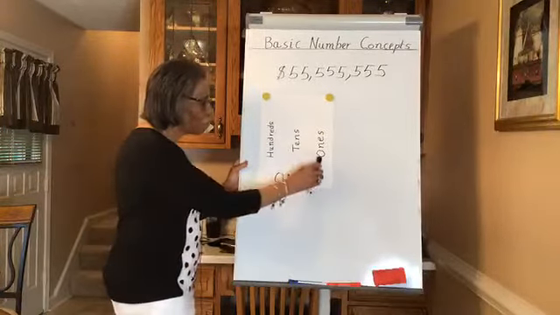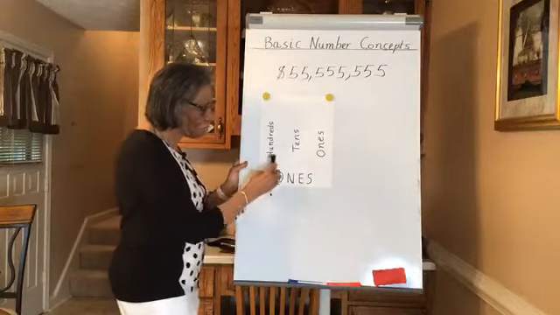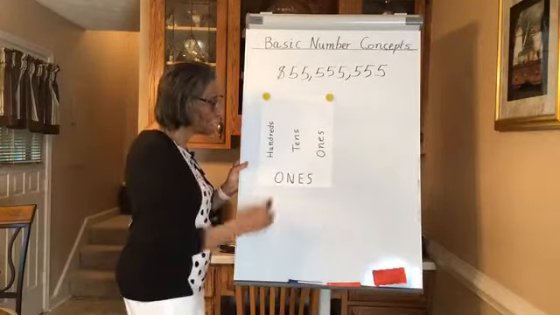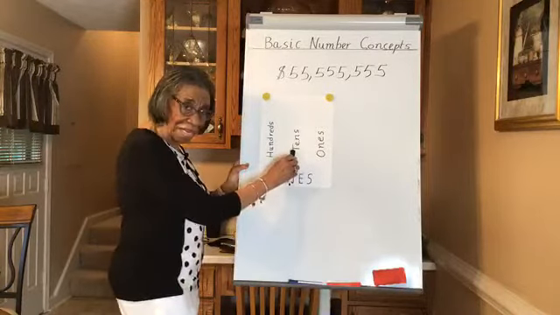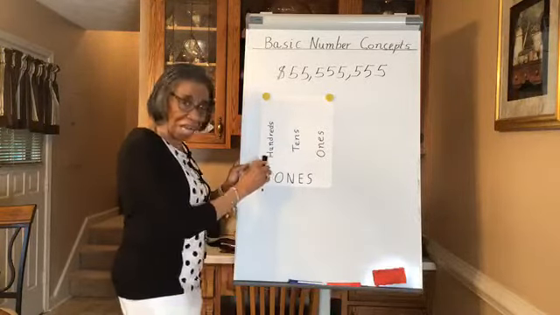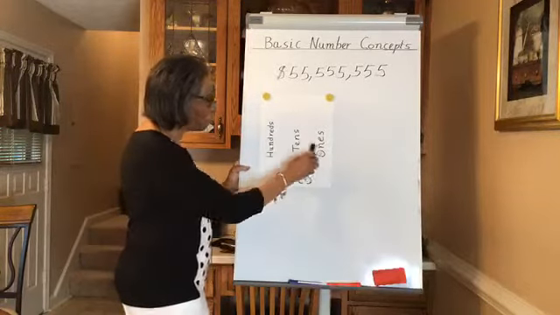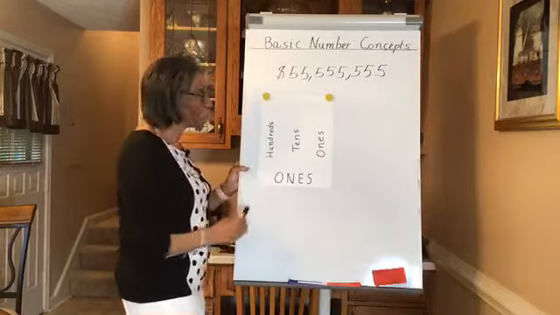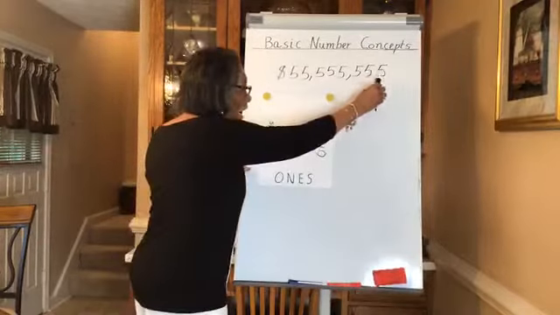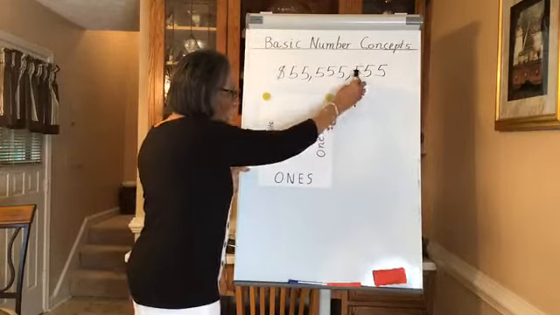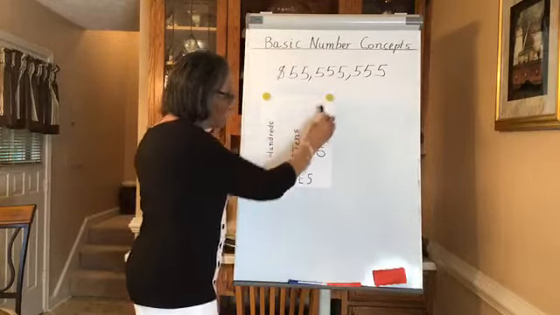The ones family has 3 members: one called ones, one called tens, and one called hundreds. All right, so this tells us the location of these digits. So this 5 is in the ones. The second 5 is in the tens place, and the third one is in the hundreds place.